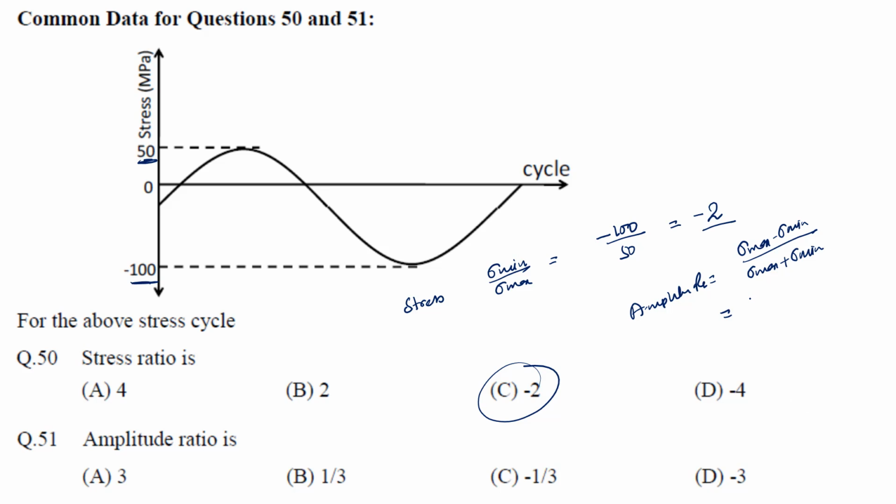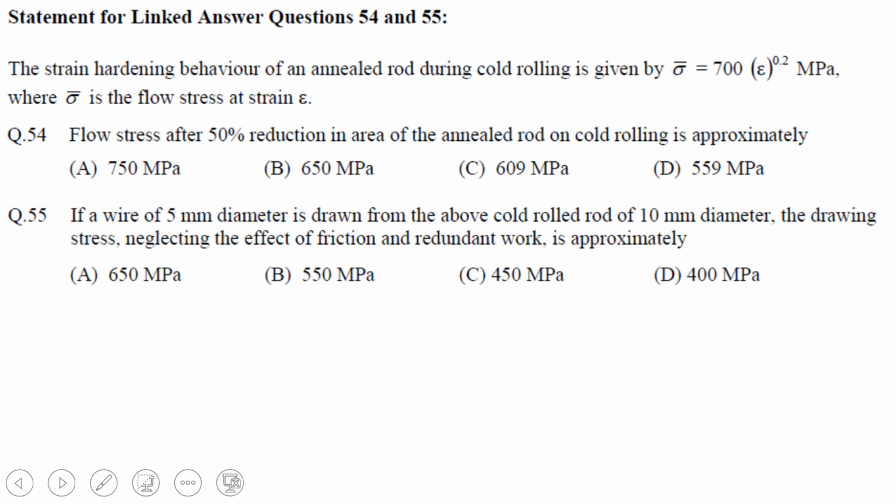So sigma max is 50 and sigma mean is -100. So this will be 50 plus 100, 150, divided by -50, so it will be -3. Yes, so -3. Let us move on.